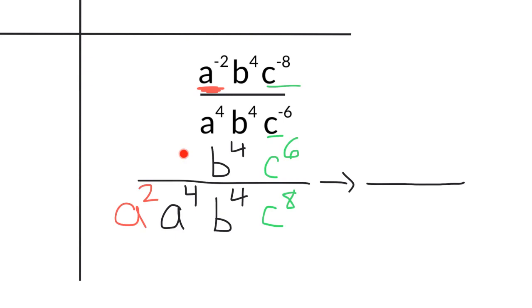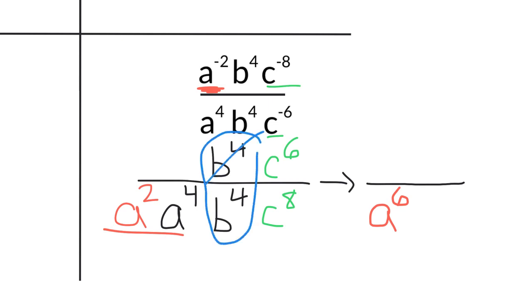My a variable, well, I've got 2 on the bottom here, 4 more on the bottom. That's going to give us 6 total in the denominator. Now my b to the 4 terms. B to the 4 over b to the 4. Well, if I divide b to the 4 by itself, that's just going to be a 1. I'm going to cancel those out for now.